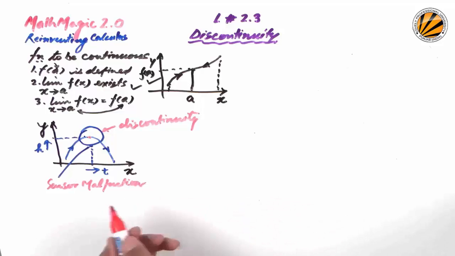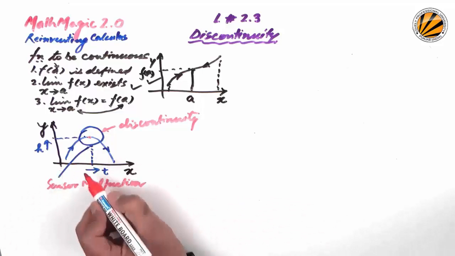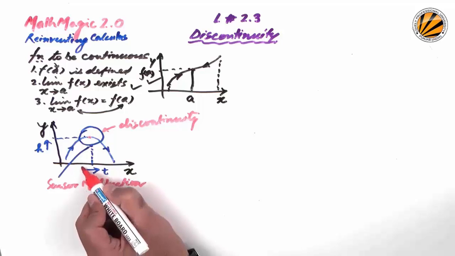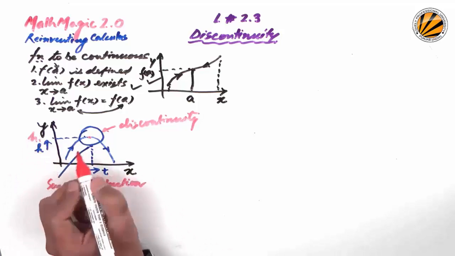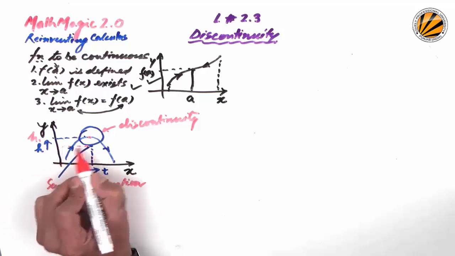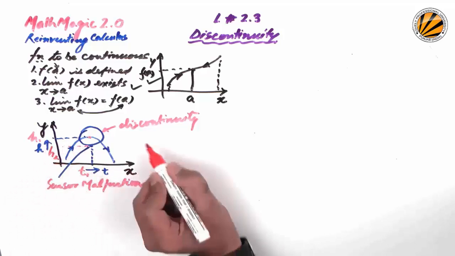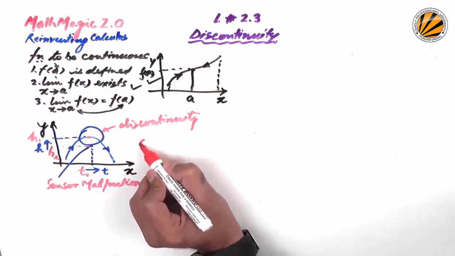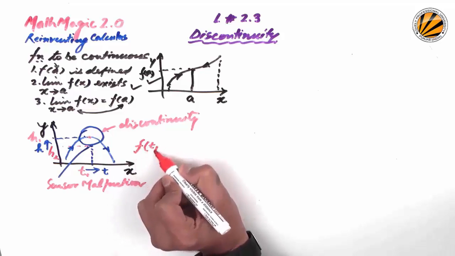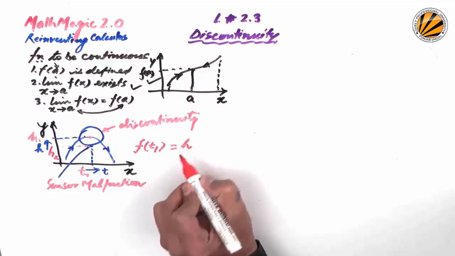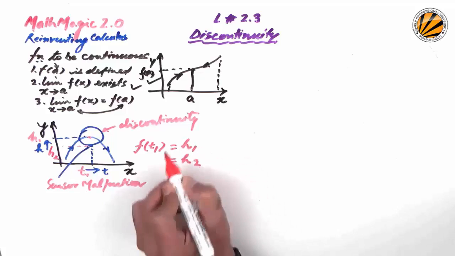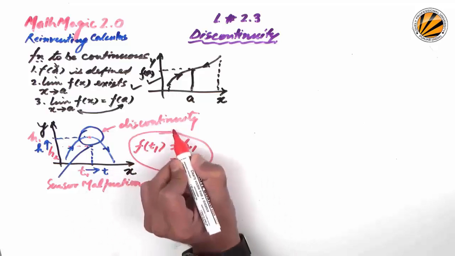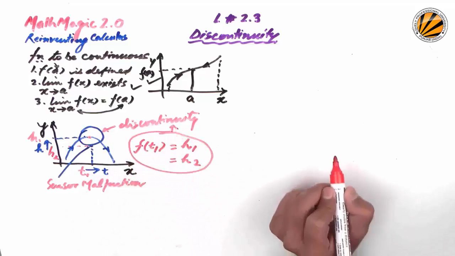Let us look at a scenario that at this particular point, maybe at time t1, the desired output is H1, but the sensor has given the output as H2. So the value of the function at T1 has to be H1, but the sensor has given H2. Now this scenario is nothing but giving rise to discontinuity.